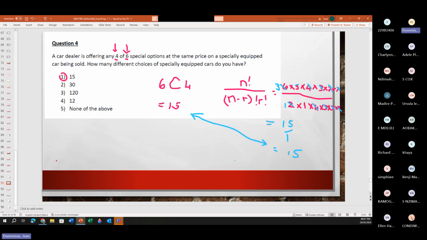Again, this one is a combination, because you can select any 4. It's not that you need to select a steering wheel together with a gearbox; you can choose any 4 of the 6 items. So we are dealing with a combination.